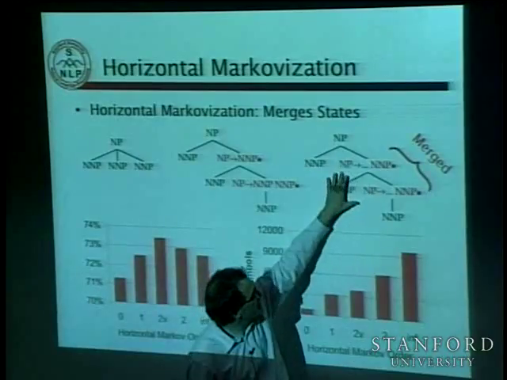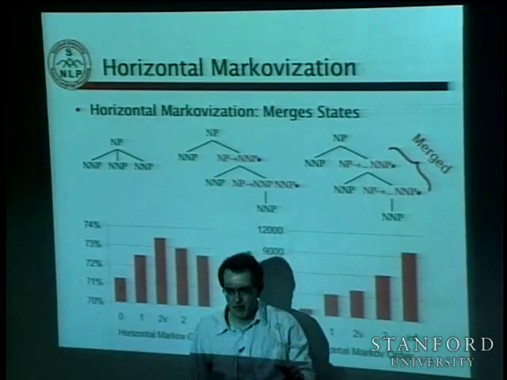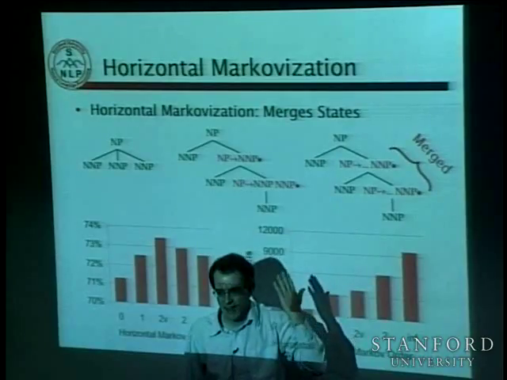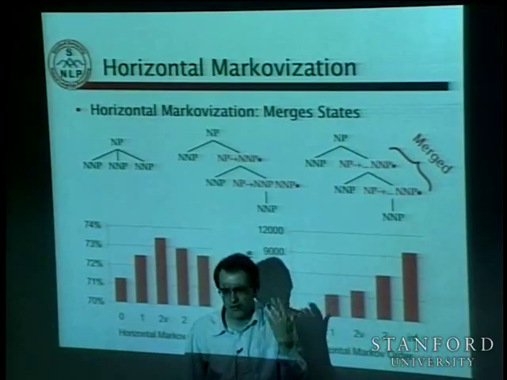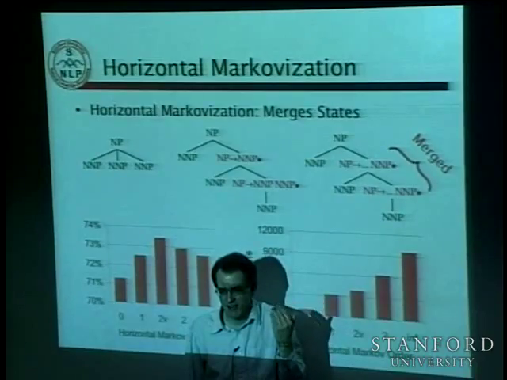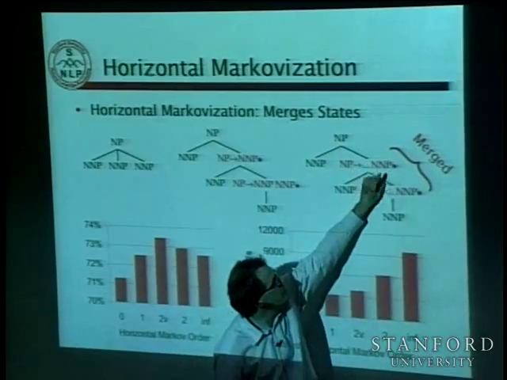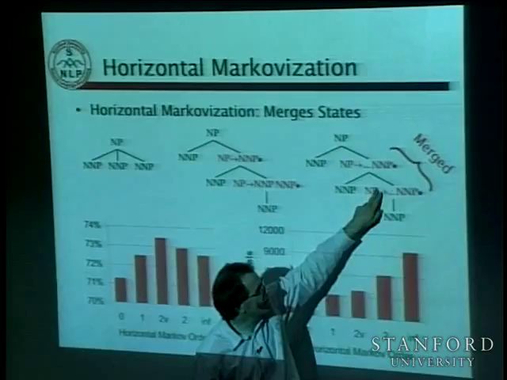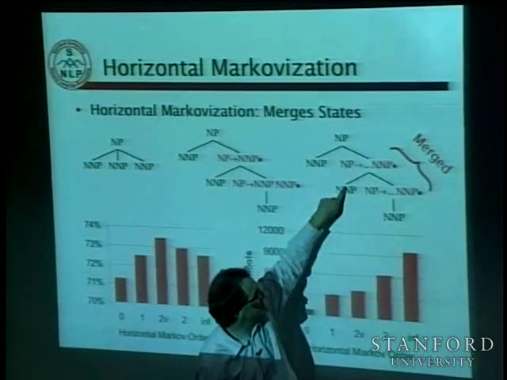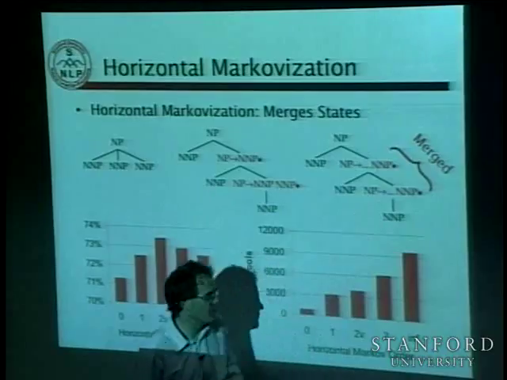But one idea is to say, well, maybe I should generalize a little by not remembering everything that I've seen to the left, but only a little bit of the stuff that I've seen to the left. And so what you do is Markovize the grammar in exactly the same way as we made Markov models for language models. And so you end up merging these states and saying, okay, I'm expanding a noun phrase, the last thing was a noun phrase, and I'm forgetting the stuff that comes before that.